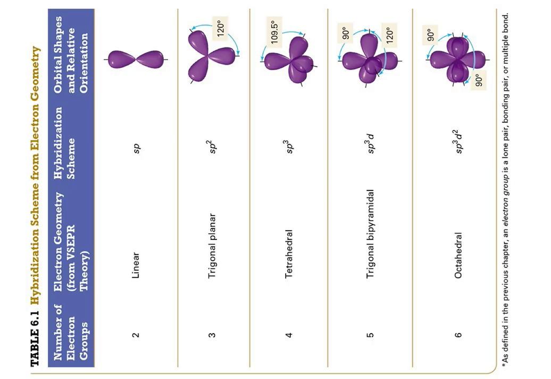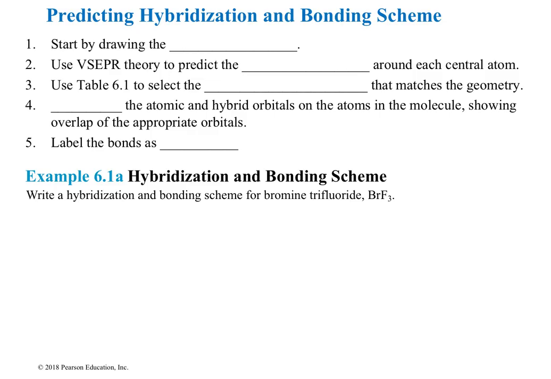Here is a summary of all of those. You can add it to your chart with all of the geometries that we did in the last chapter. So the steps for figuring out hybridization and the bonding scheme, which is like labeling the bonds like we did earlier, is you start by drawing the Lewis structure. Then you use VSEPR theory to predict the geometry, specifically the electronic geometry around the central atom.